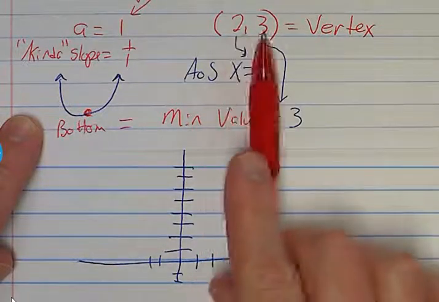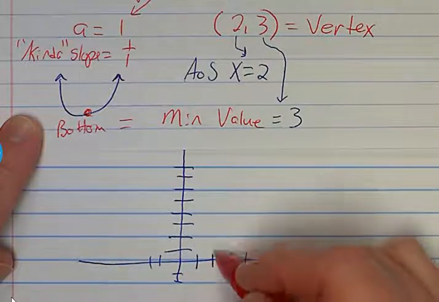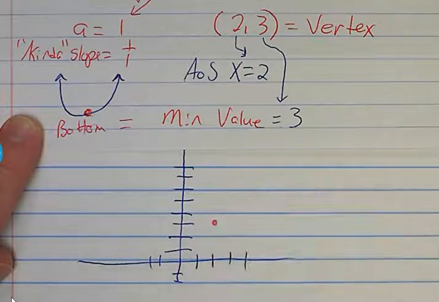Alright, so first 2, 3 is the vertex. So go over 2, up 1, 2, 3. There's the first point we need.